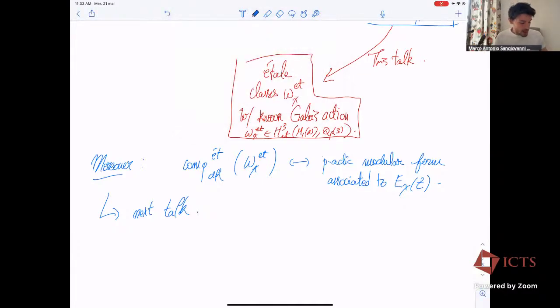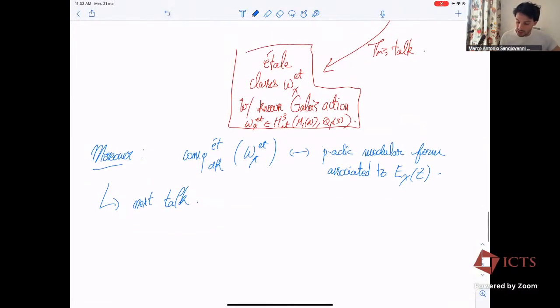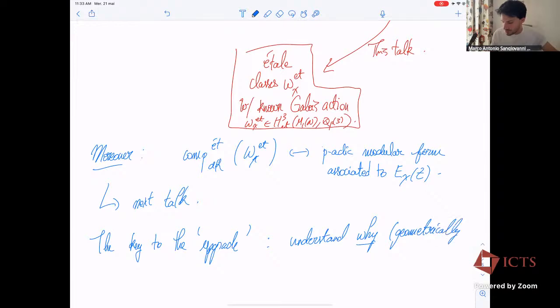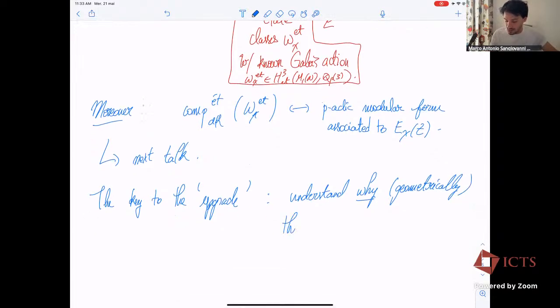Okay, so the key to the upgrade is to understand why, sort of geometrically, the parameter of pi chi is small.